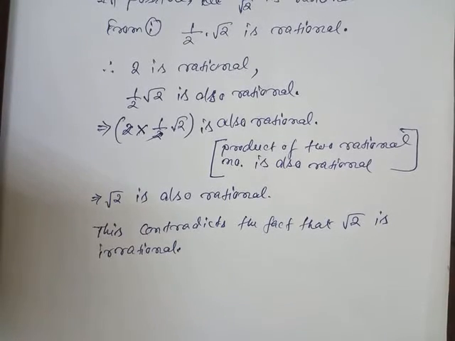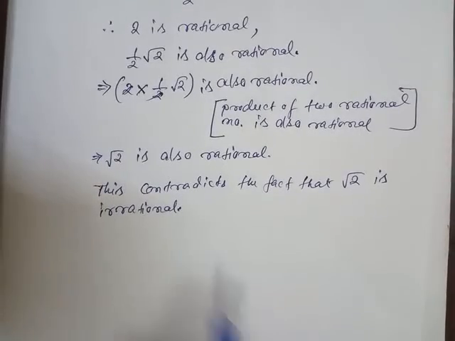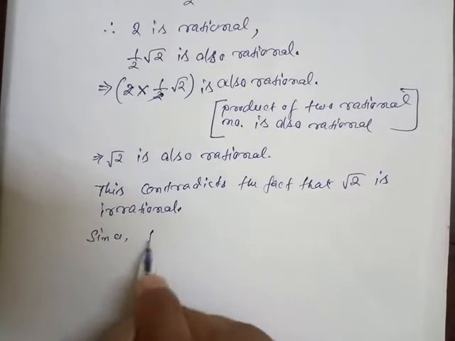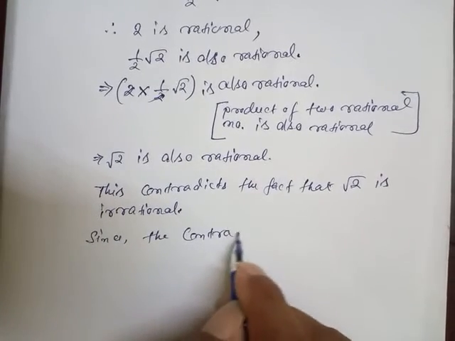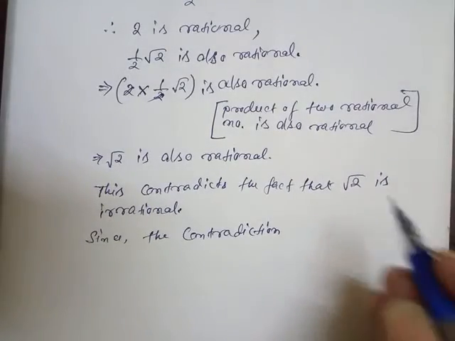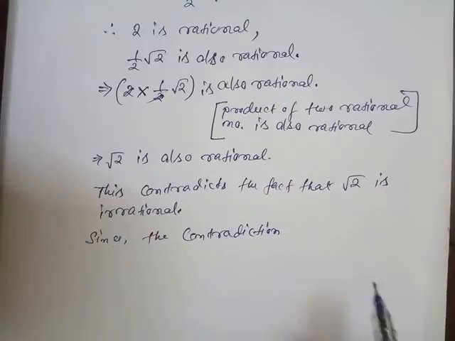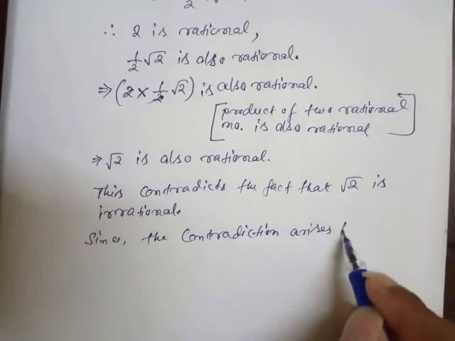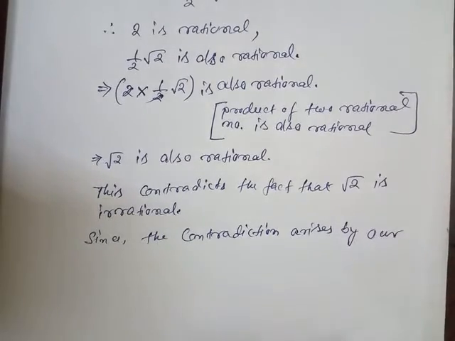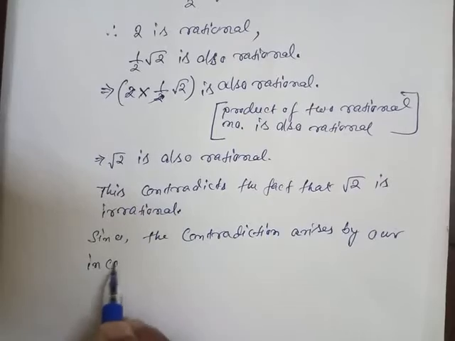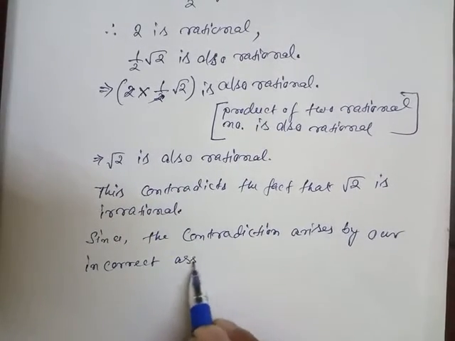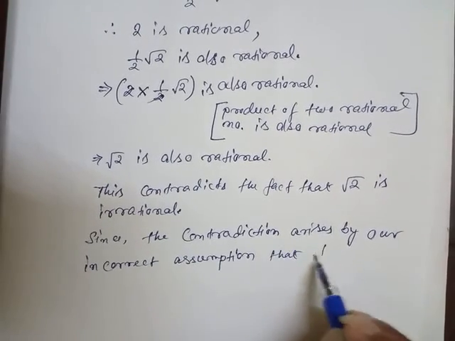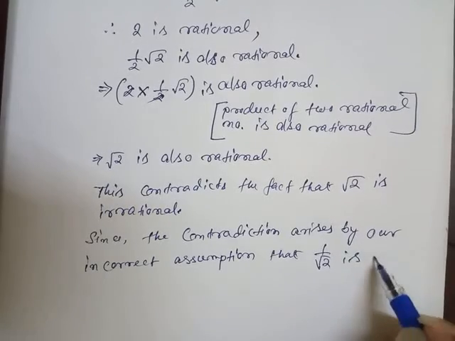So we can write the next line from this line: since the contradiction arises by our incorrect assumption that 1 by root 2 is rational.